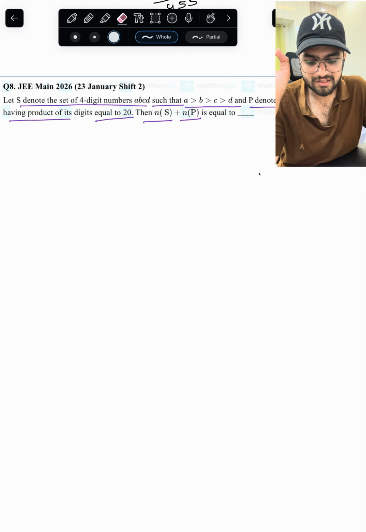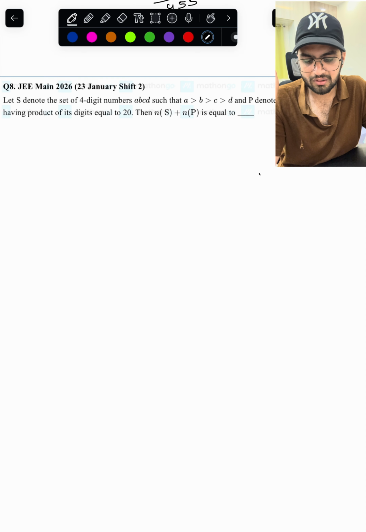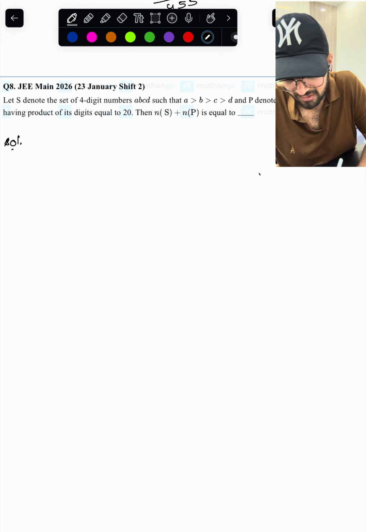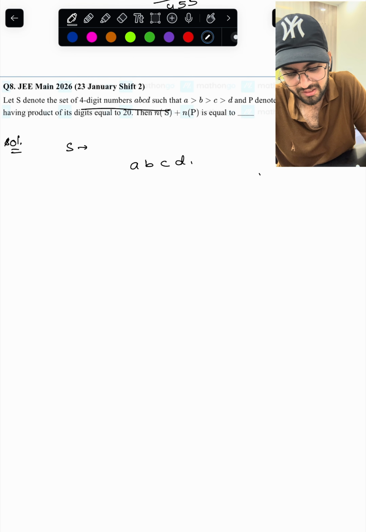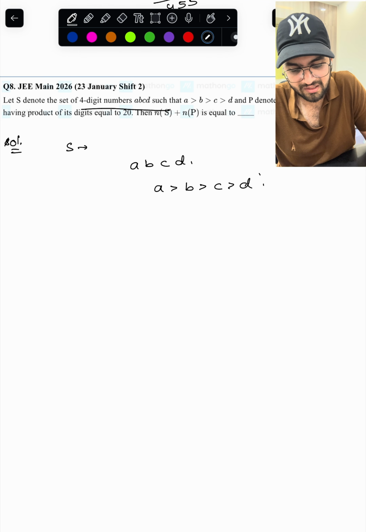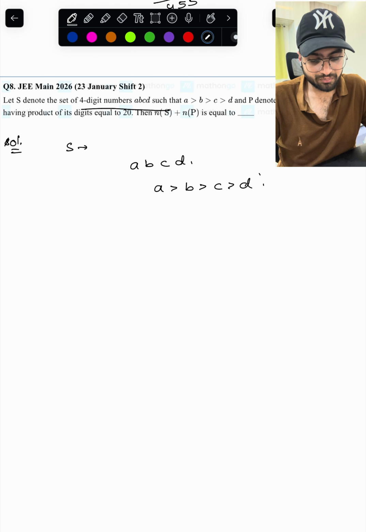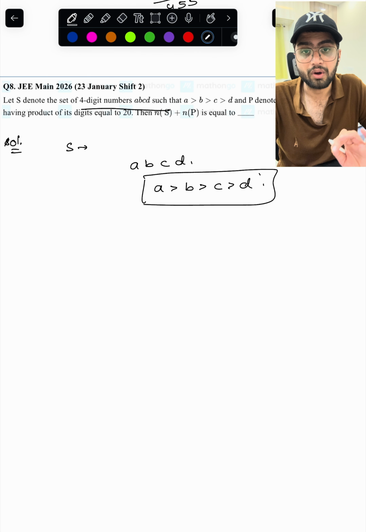Then you need to calculate n of S plus n of P. Okay, so try to understand the question clearly, then we can directly solve it. S is the set of 4-digit numbers ABCD such that A is greater than B greater than C greater than D. So we need to form a 4-digit number and it should follow this inequality, right?